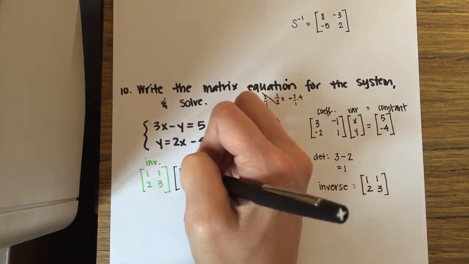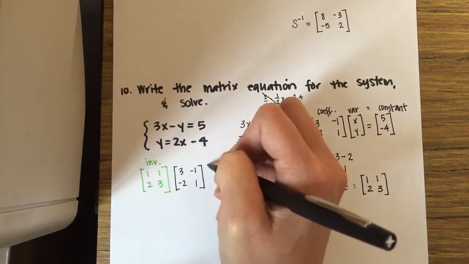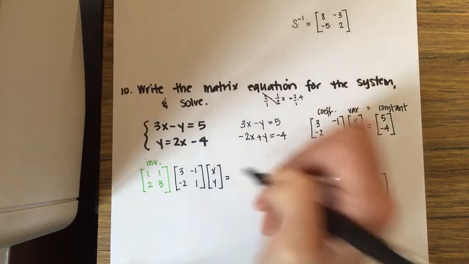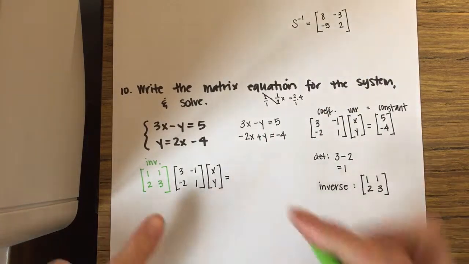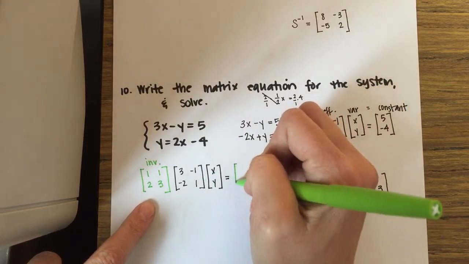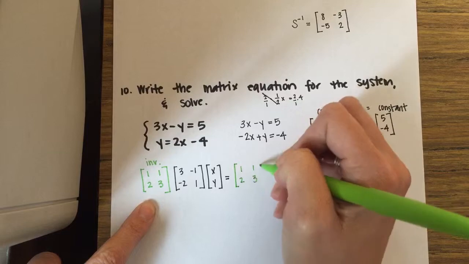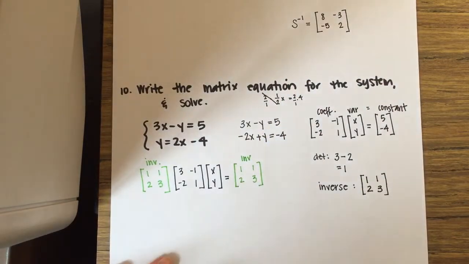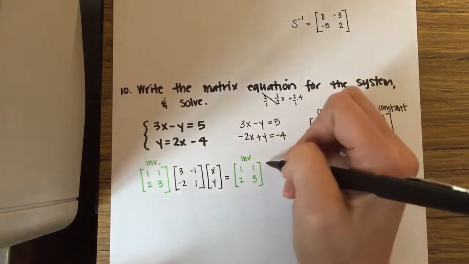We had the coefficient matrix, our x and our y equals, now if I multiply one side of the equation by the inverse, I have to multiply the other side of the equation by the same thing in order to keep it equal. So there's the inverse on the right-hand side, and I'm multiplying it by the constants that were already on the right-hand side, 5, -4.